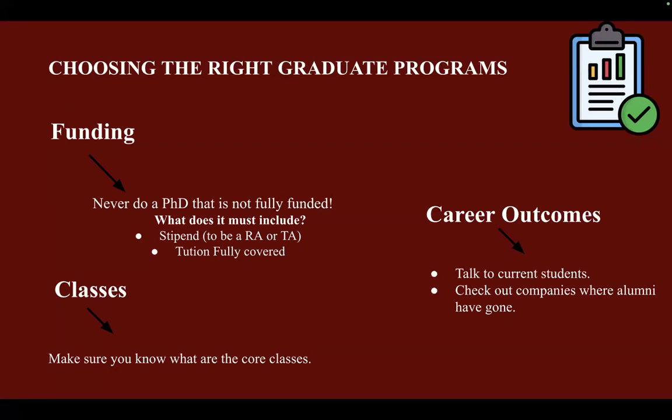The best way to do this is talking to current students, checking out companies where alumni have gone. But again, this doesn't have to determine anything. And even if you see places where the program alumni have gone, and you don't want to go in that direction, that is completely fine.